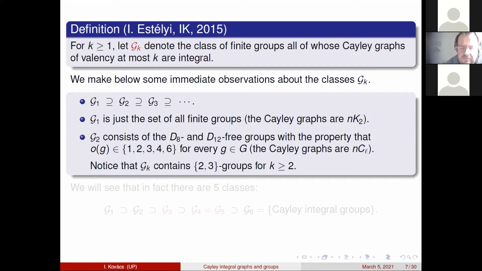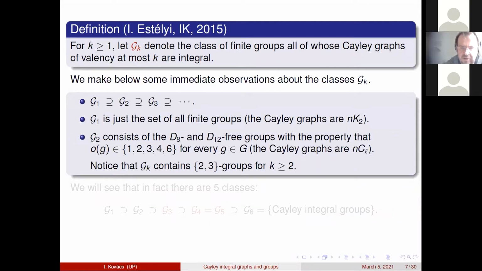So the second class is also trivial to describe, because in that case the graphs are just a disjoint union of cycles, and you just have to be sure that the length of the cycle is 3, 4, or 6. So no non-integer eigenvalue appears, and that gives you a bound for the order of the group elements.